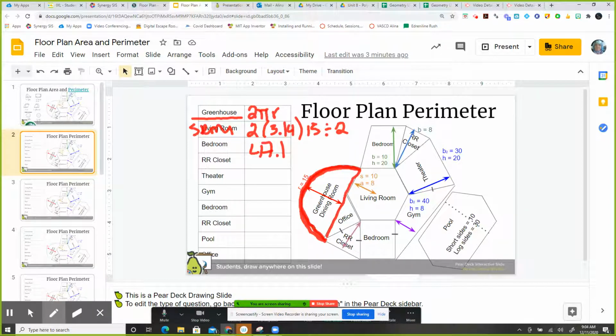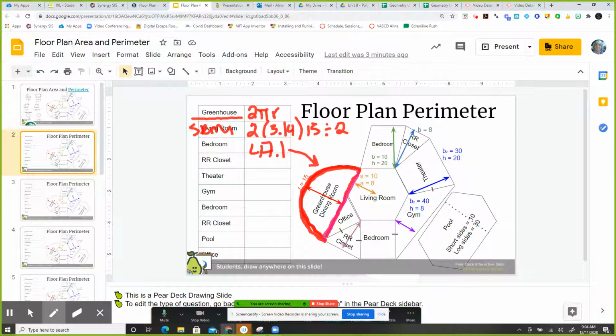So this piece right here is that 47.1. Is that the whole perimeter, or am I missing a piece? What's this piece? The half a circle is the 47.1, but what's the flat part of that semicircle? How would we calculate that?